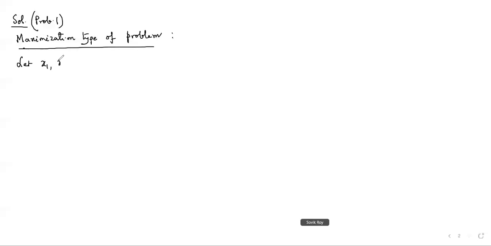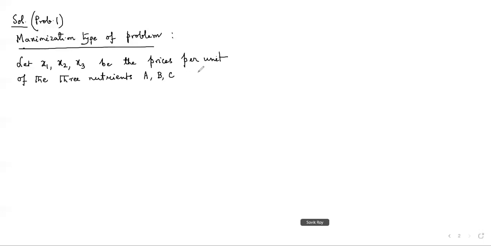Let x1, x2, x3 be the prices per unit of the three nutrients A, B, C respectively, that are to be fixed by the dealer.